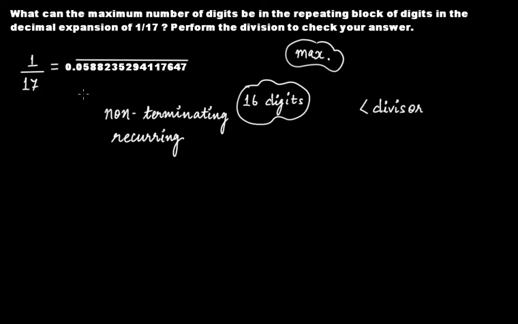Now in this case, your divisor is 17. So the maximum number of digits that can be present in a block will always be less than 17. That is, the max value it can be is 16. So we have discussed this earlier.